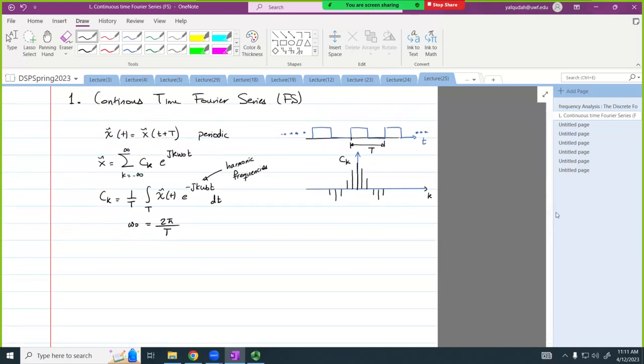So if I look at this Fourier series, we notice that in the time domain, the signal is continuous and it is periodic. And if you look at the frequency domain, the signal is discrete.